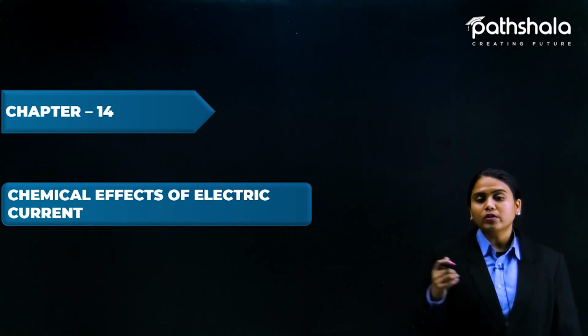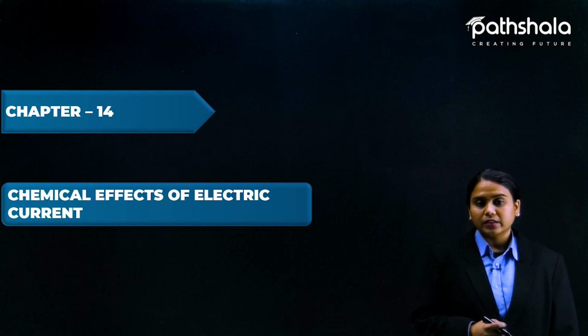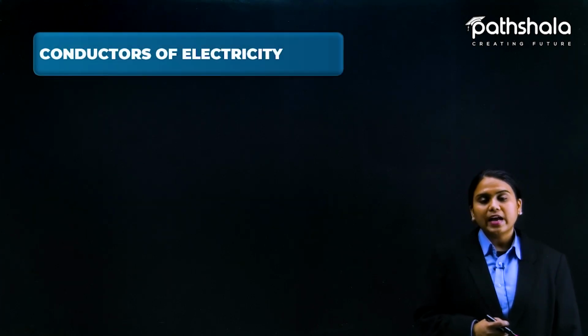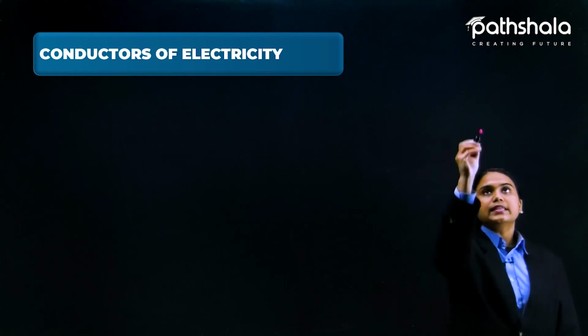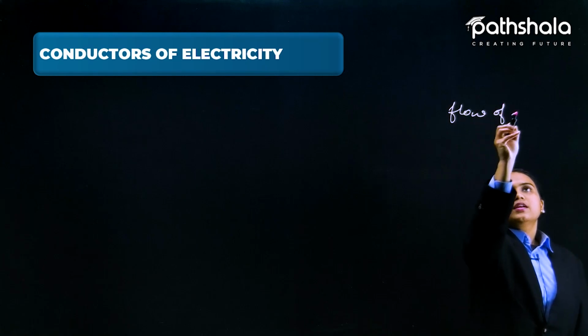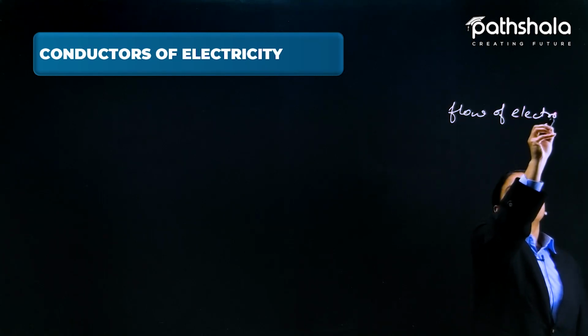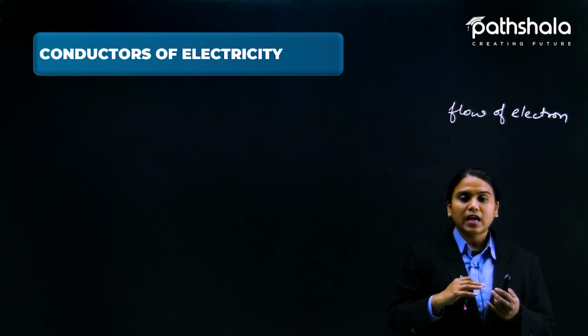Before that, let us see how electricity works and what are good conductors and bad conductors. So here we have conductors of electricity. You know that electricity is actually the flow of electrons. An atom consists of electrons, protons and neutrons.